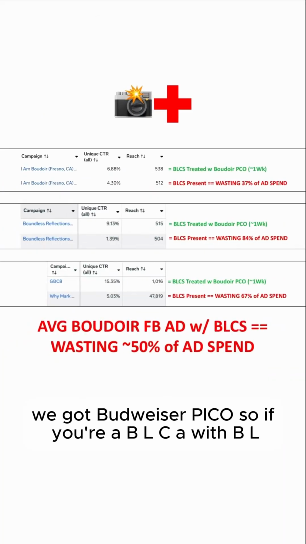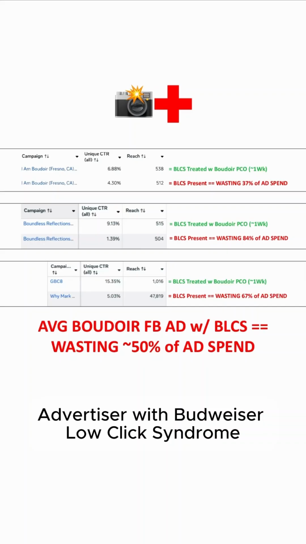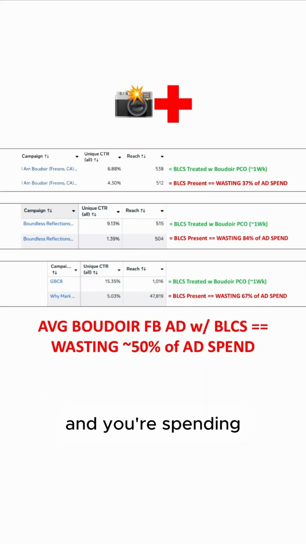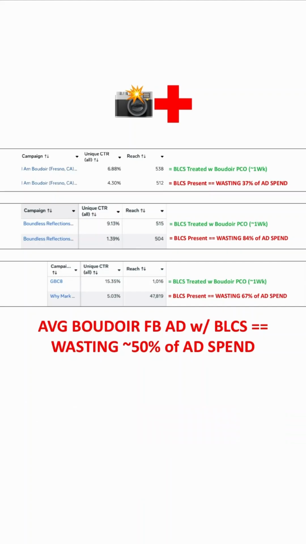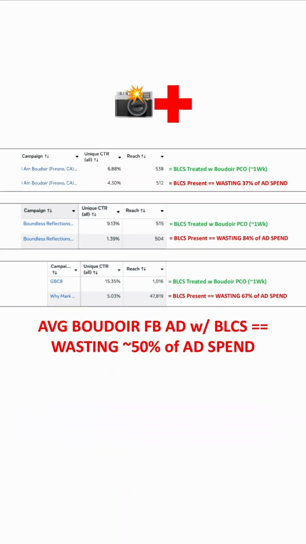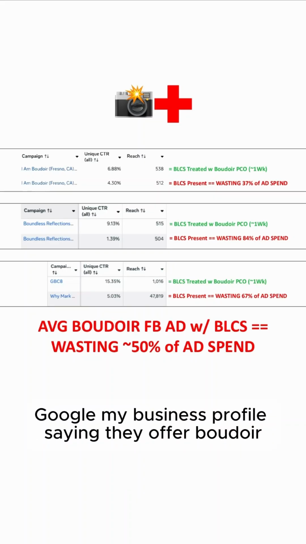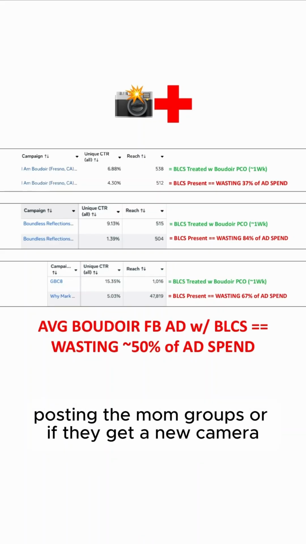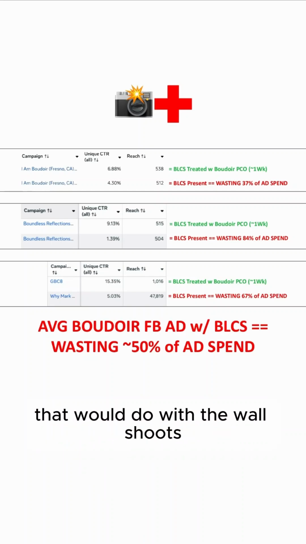So if you're a BLCA with BLCS, a Boudoir low click advertiser with Boudoir low click syndrome, and you're spending more than 10 grand a month on Boudoir Facebook ads, and you've seen how the market keeps getting more and more saturated with boudoir photographers. Like, every time someone gets a new iPhone, they're throwing up a Google My Business profile saying they offer boudoir, or they're posting in the mom groups, or if they get a new camera, they're posting in the mom groups saying they now do boudoir shoots.